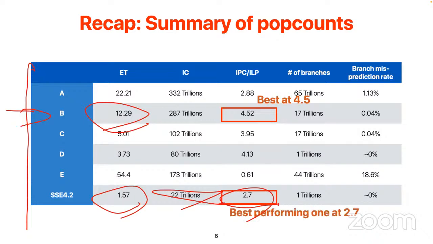But another thing you want to notice: remember, this is a processor with 5 issues. If we want to go with the best implementation, it's probably this one. But what about its CPI or IPC? 2.7 simply means most of the time we are going to use fewer than 3 functional units.